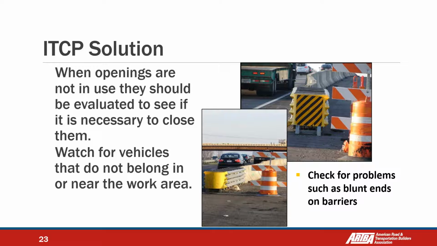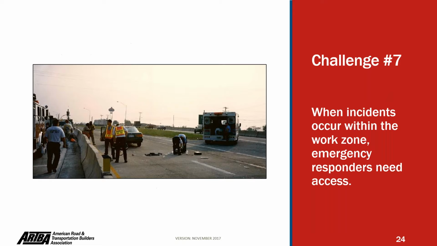Watch for vehicles that do not belong in or near the work area. That's why it's important, for example, the ticket person, the person providing the tickets for the trucks arriving and delivering materials. This person is key, because it's a point of communication, and also could have a horn or a whistle to alert everybody if there is a motorist intrusion. Okay.